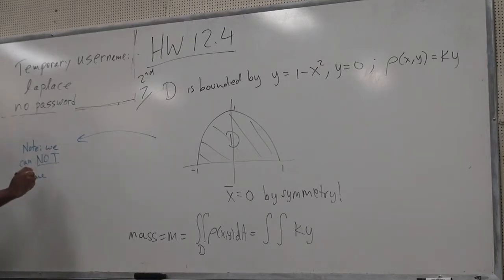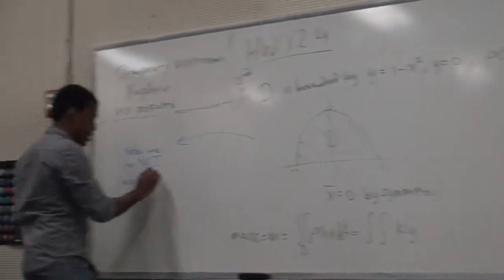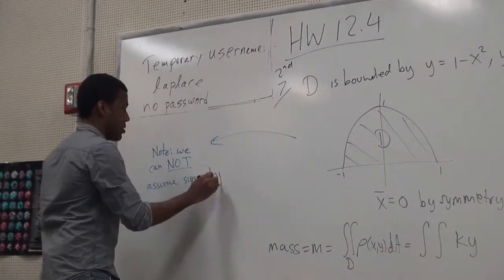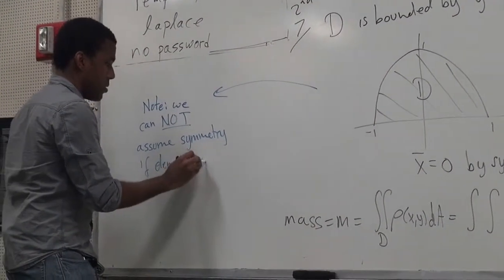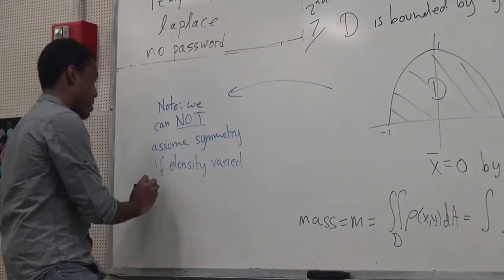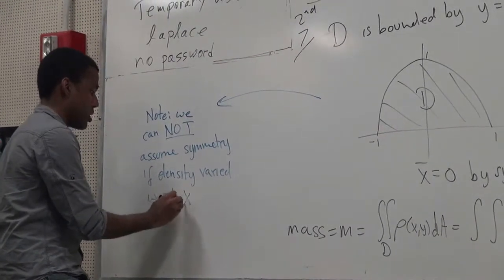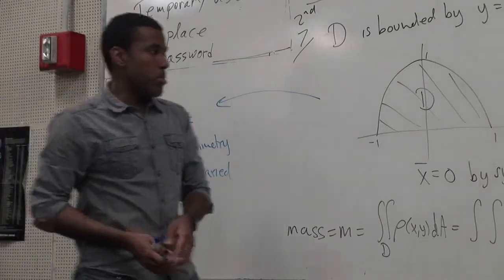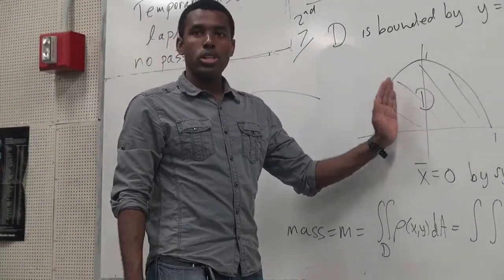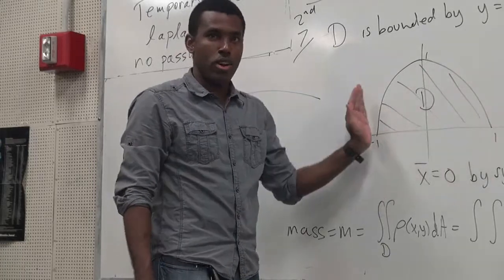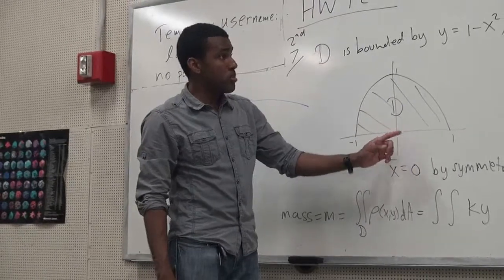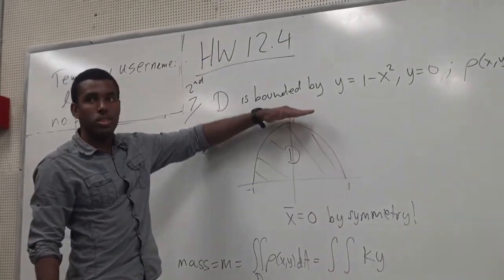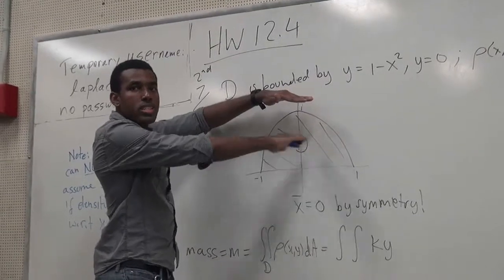I said that over there, but I said it pretty fast, I don't know if anyone caught it. You cannot assume symmetry if density varies with respect to x. In that case, you might have one side that's heavier than the other side as far as x is concerned, and so you wouldn't be able to balance by going right in the middle. But because my density is changing by the vertical level, horizontally everything is the same all the time.